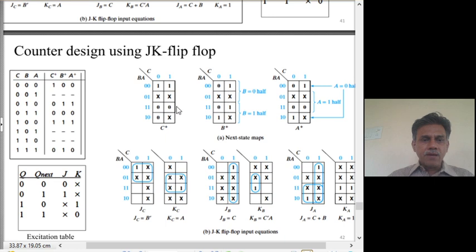So here we copy this one part and put it in the C is equal to 1 part of the K map, but while filling you toggle it. This 0, 1 becomes 0, x's of course remain, this 0 becomes 1 and you have an x. This is how we have filled the KC.